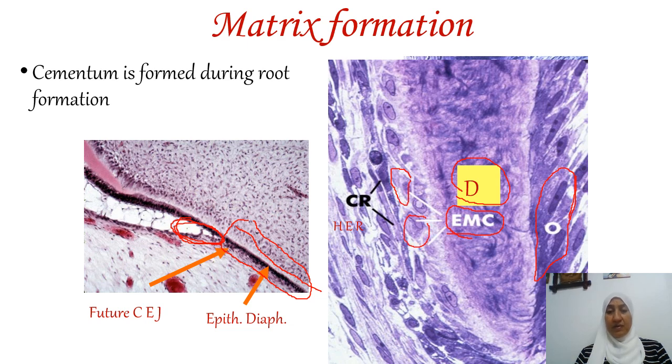The epithelial cell rests that exist represent the remnants of the epithelial sheath of Hertwig. These are the cementoblasts.